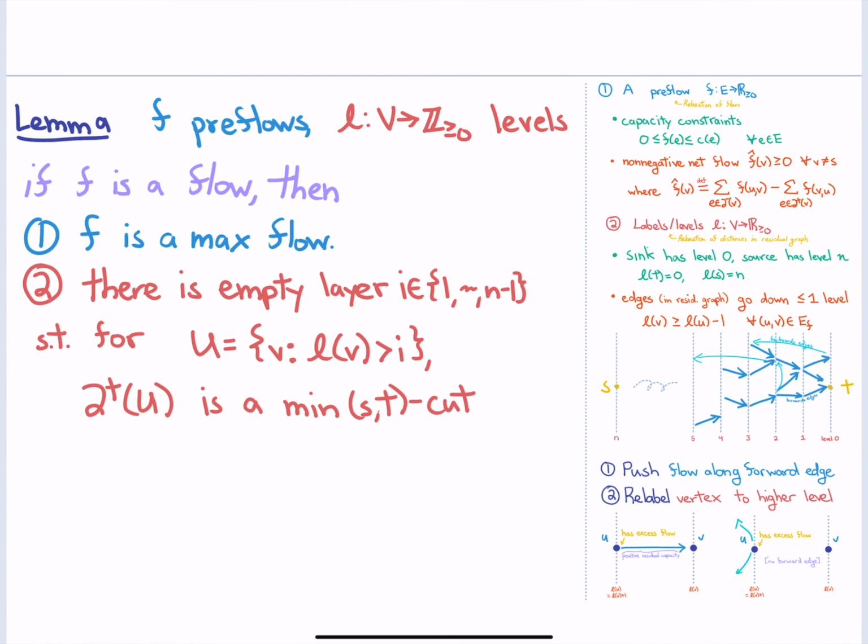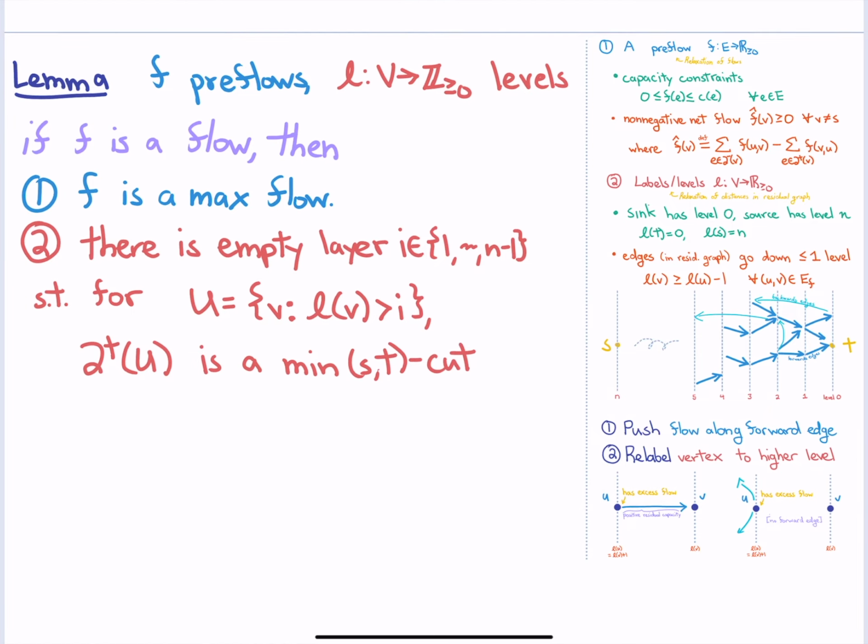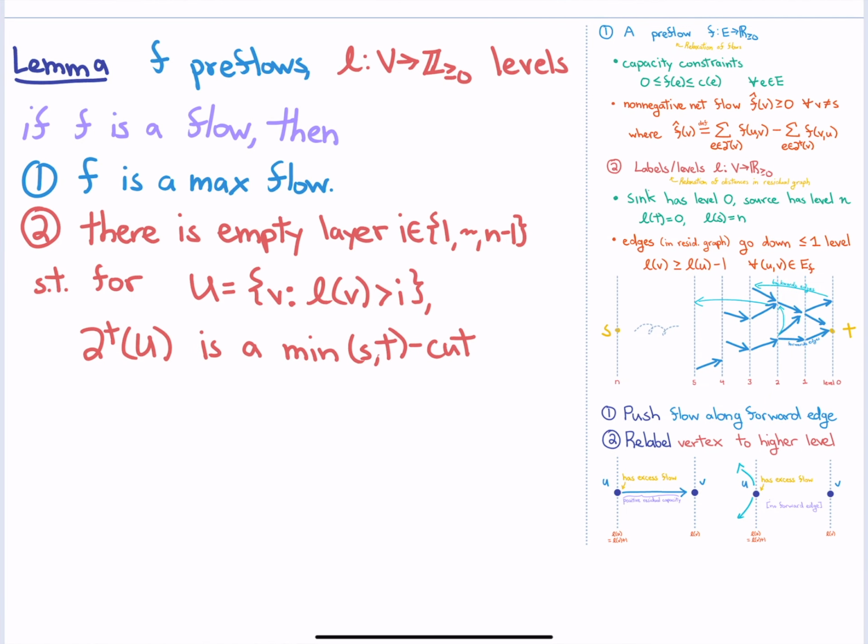The claim is that if F is actually a flow, not just a pre-flow, so all those intermediate vertices have no flow left, which is how our algorithm terminated, we pushed all the flow back to S or T, then there's two claims. One is that F is a max flow.